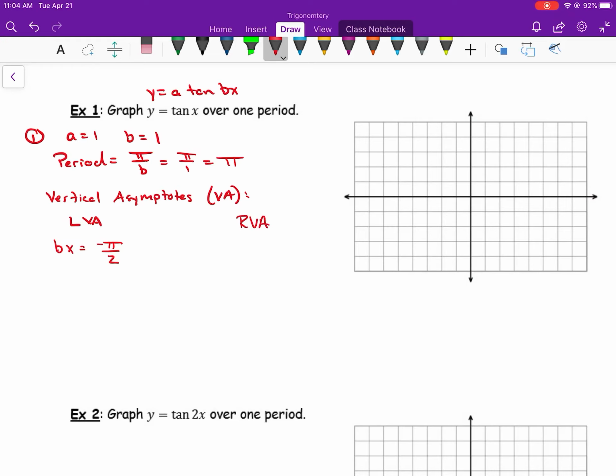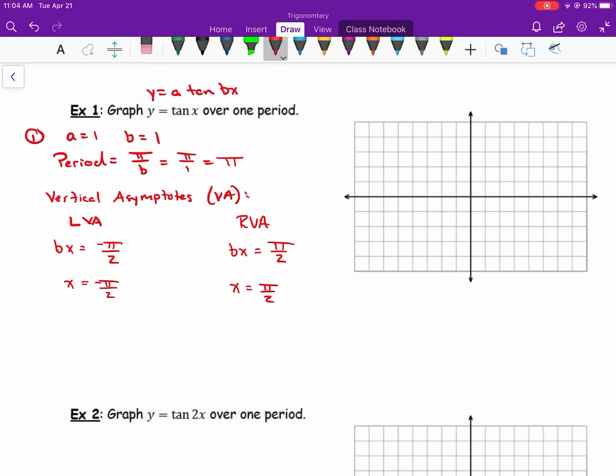And then my right vertical asymptote is bx equals positive pi over 2. So now we're going to substitute 1 in for b. So we just get 1x equals negative pi over 2. And we get x equals pi over 2.